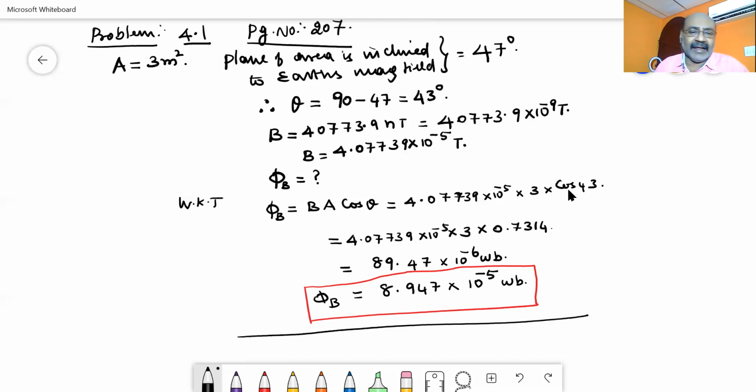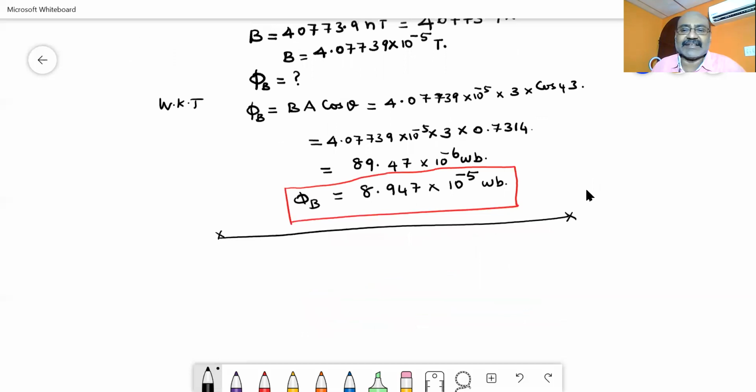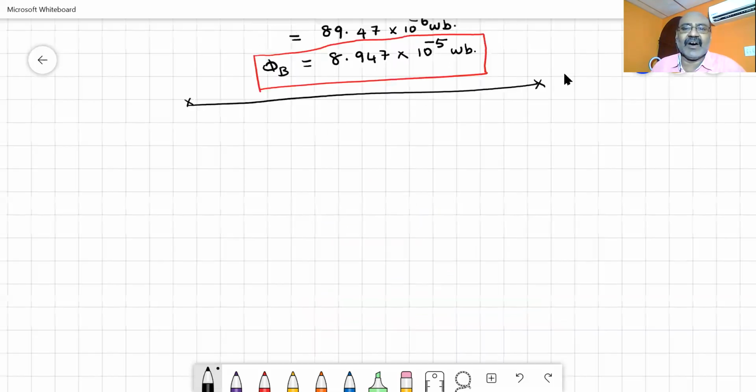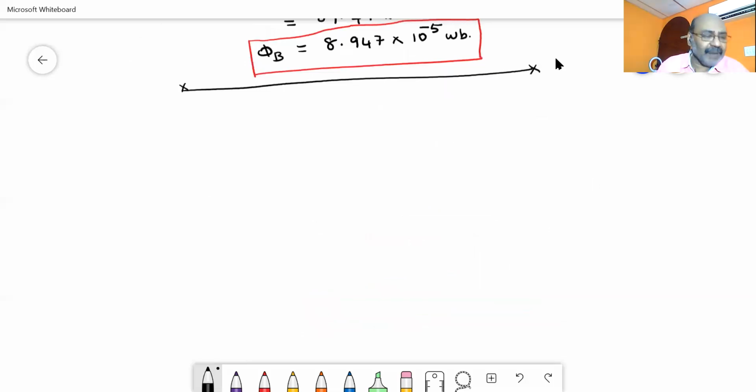Then you have another problem. The next problem is problem number 4.2, based on the same concept, available on page number 208.